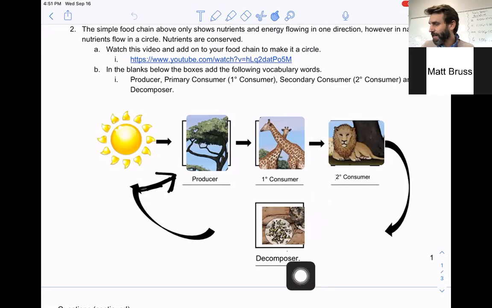And we already talked about how the fungus and bacteria that live in the soil break down these organisms once they've died. And those are called decomposers. So that was our chain to a cycle.